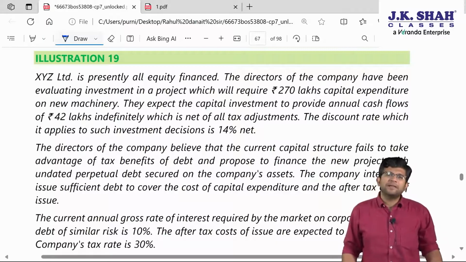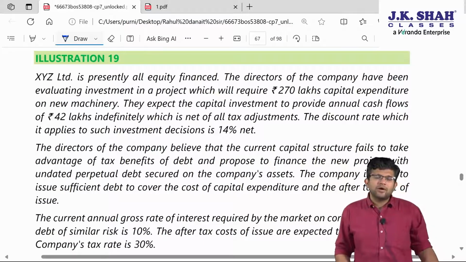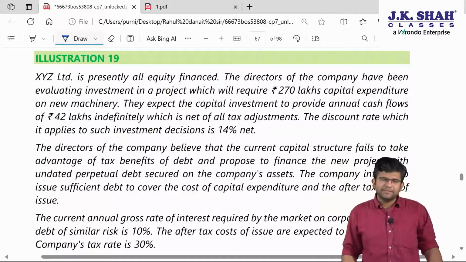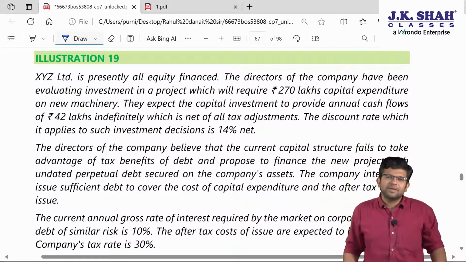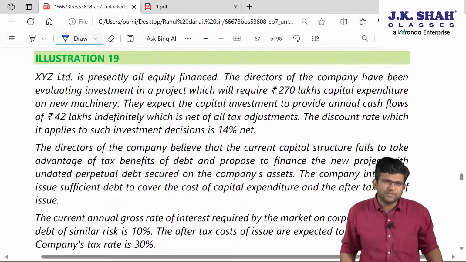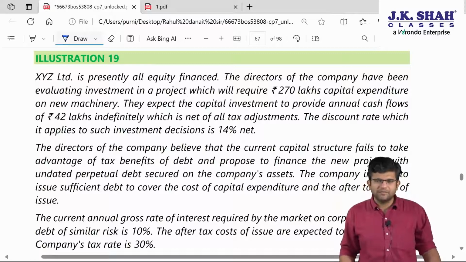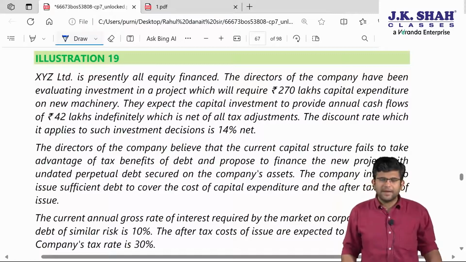So I feel the last attempt for which this question could be of use is November 2023, but still there is no guarantee, it can come in the future also. But it was my responsibility to tell you that the May 24 study module does not have this illustration or the concept as a whole.